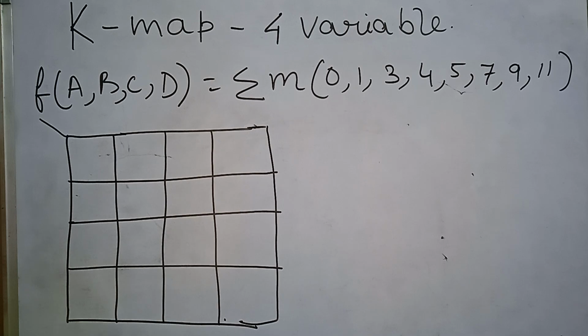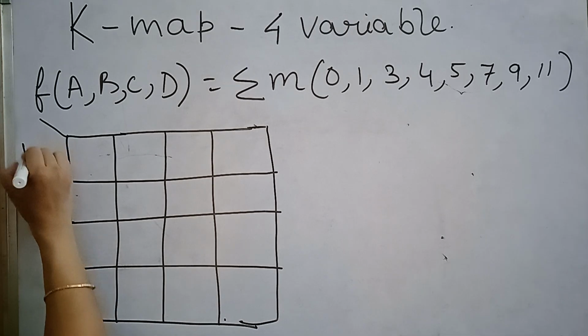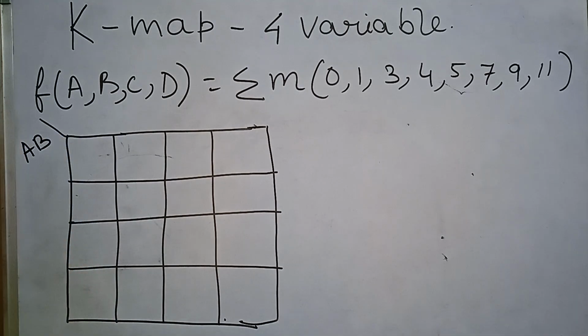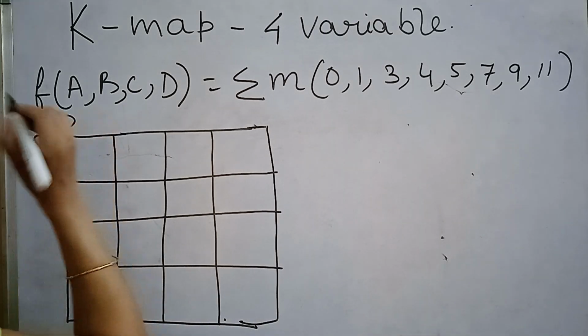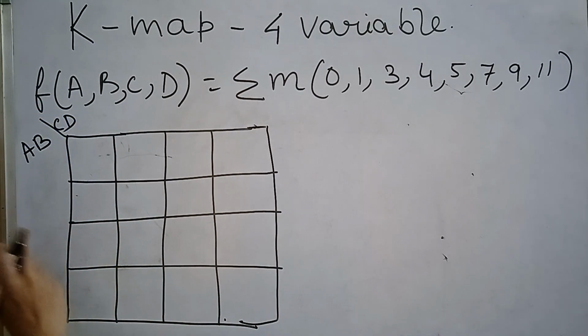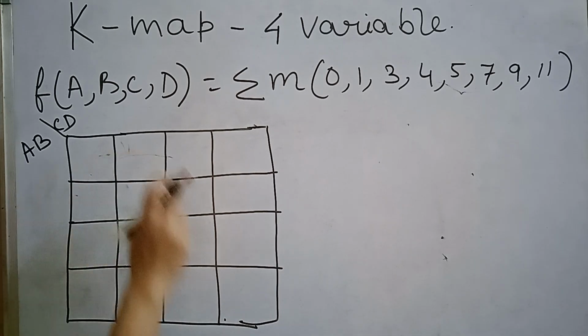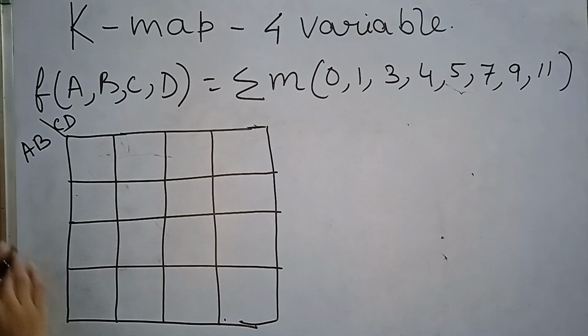In this case, let us put AB in rows and CD in columns. This is very important, as we are putting A in rows, so the boxes will be done accordingly. If I put A in columns, then the boxes will be done in some other manner. In the next class, I will show that.